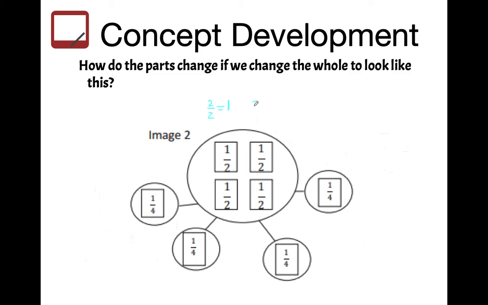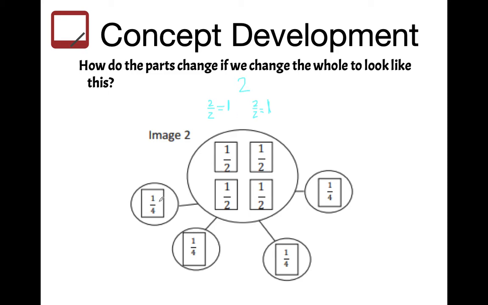And so if I have another 2 halves added to it, I have another 1 whole. So what is 1 plus 1? That's equal to 2 wholes altogether. I have 2 wholes, whole figures, if you will.